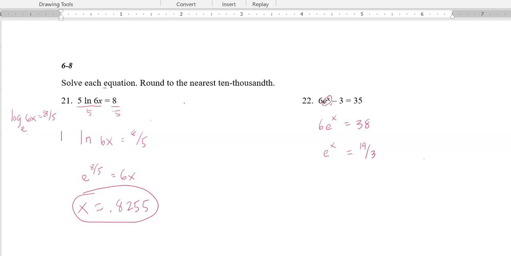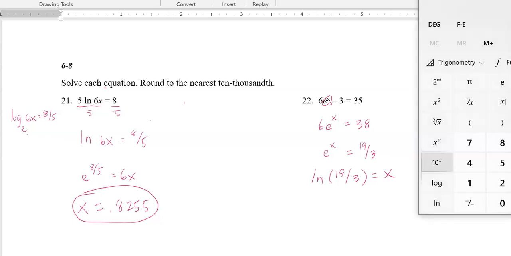Okay, well, just notice how we went from natural log to e. Well, now we're going from e to natural log. So remember, we're going to do natural log of 19/3. And since logarithms are exponents, always let your log equal the exponent. Okay, go to your calculator, and this time you're going to use the ln feature, the natural log feature.